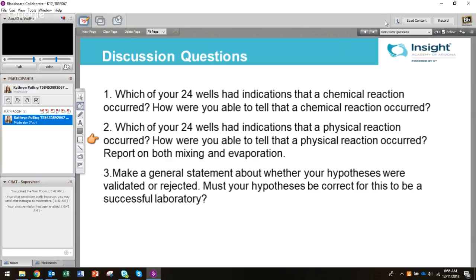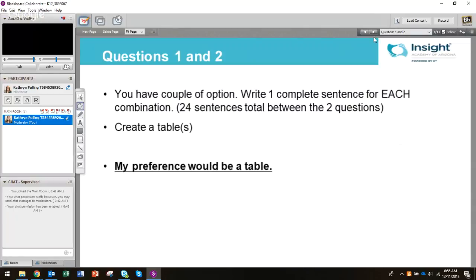And then question 3, we'll talk about a little bit more in a second. All right, so again, just repeating, you've got to talk about all 24. So my preference, a table is easier to read when you have that much information. And a table also usually results in less writing because you don't have to write complete sentences with a table.